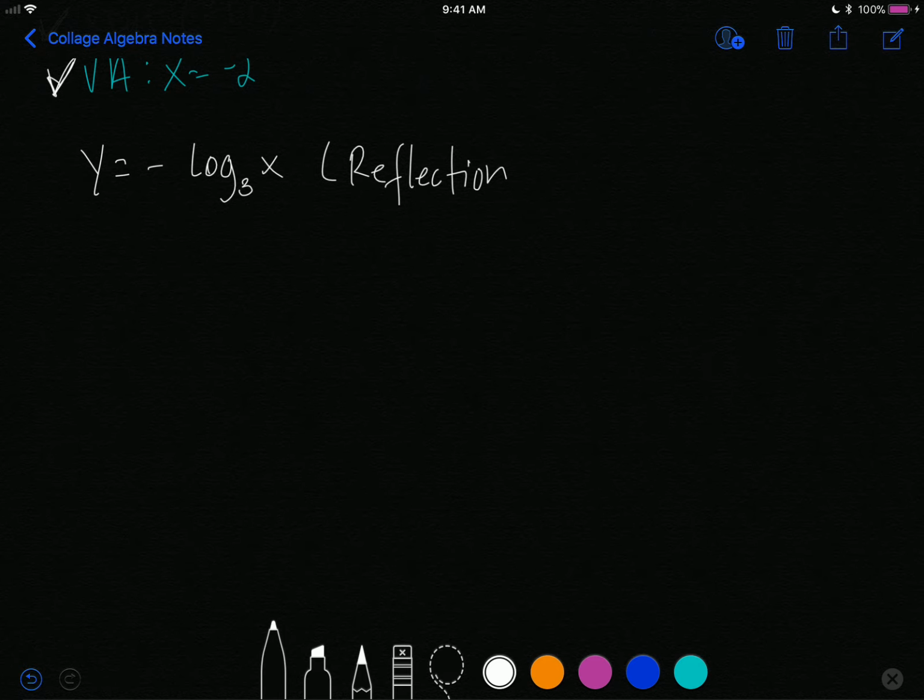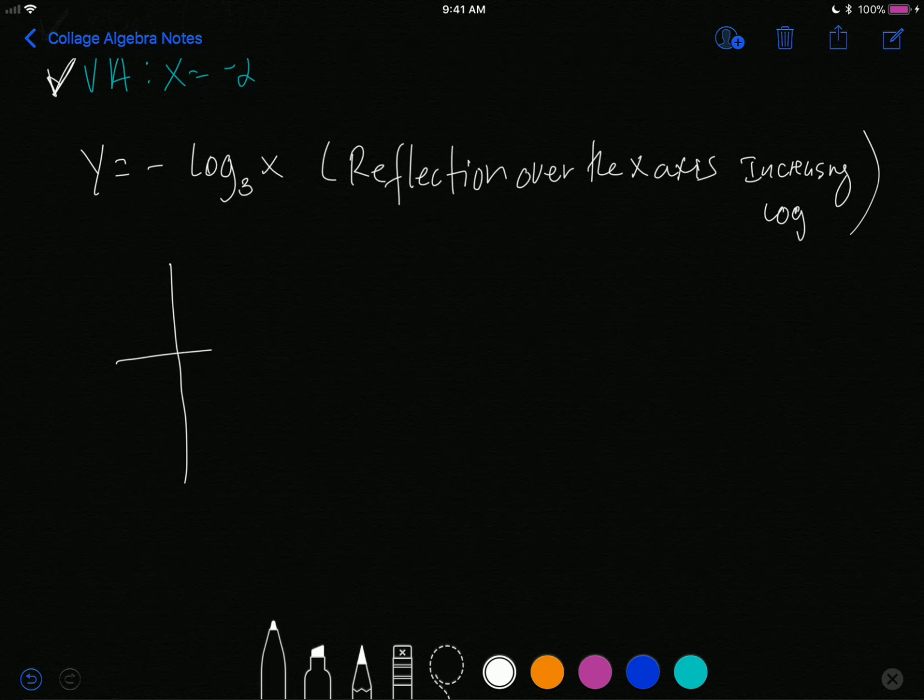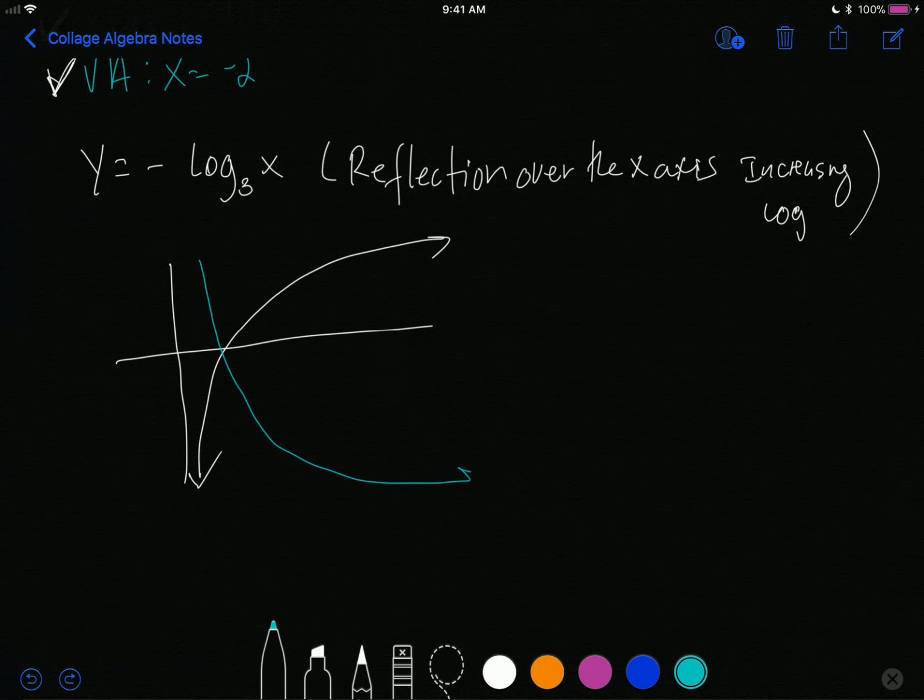It's the reflection over the x-axis. And again, because the base is 3, I have an increasing graph. This right here is my increasing logarithm. If I reflect it over the x-axis, the graph I will get will look the same but go the opposite way.